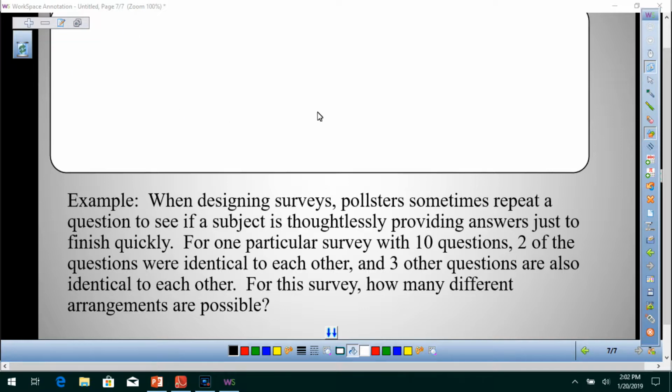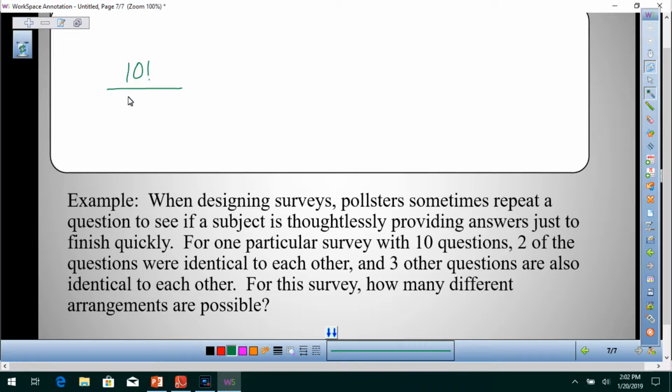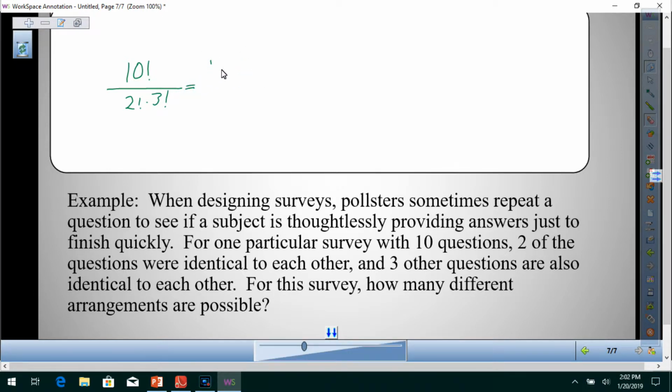Well, we would say 10 factorial divided by 2 factorial times 3 factorial. Let's just do it in the calculator, that'd be easier.